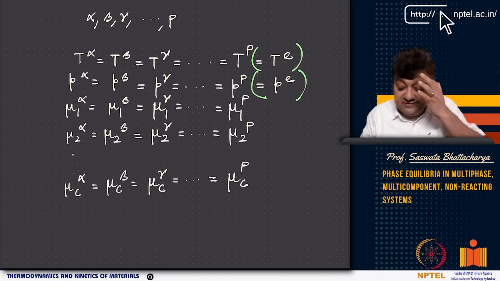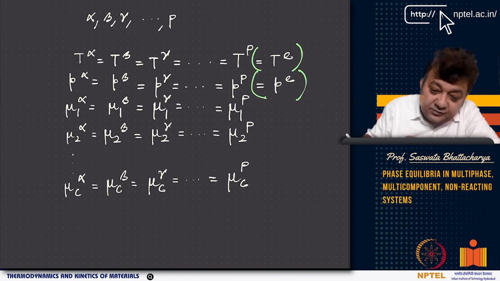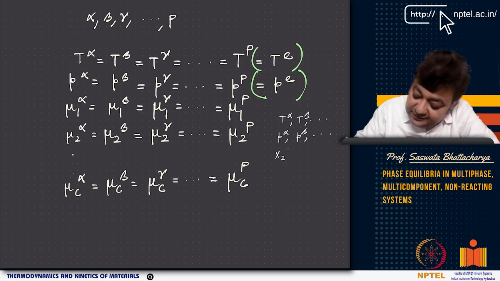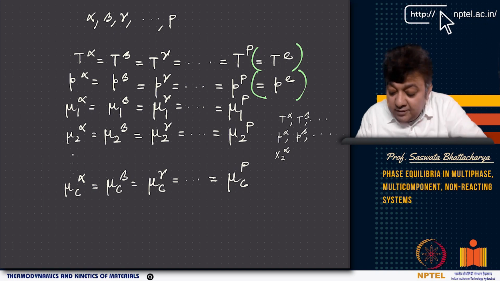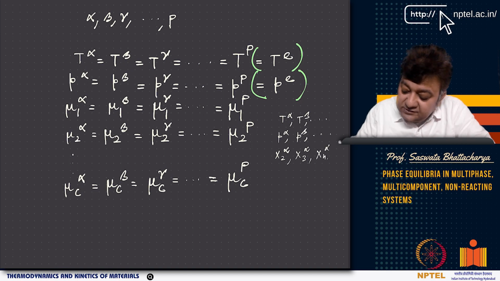So if you have that, then you can derive by looking at the number of unknowns. Say, for example, the unknowns are T alpha, T beta, and so on, and then P alpha, P beta, and so on, and then you have X2 alpha, that is, the equilibrium mole fraction or equilibrium composition of component 2 in the alpha phase, then the equilibrium composition of component 3 in the alpha phase, and say component 4 in the alpha phase, and so on.